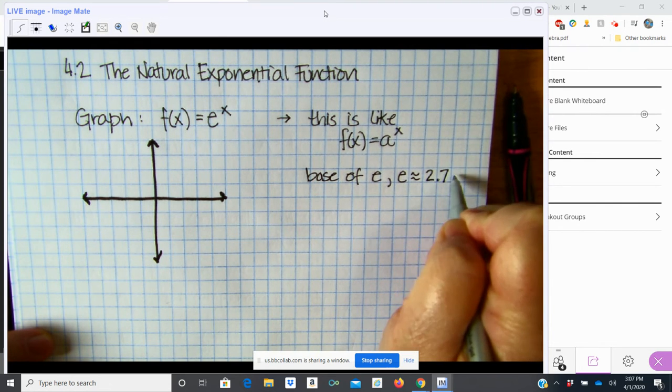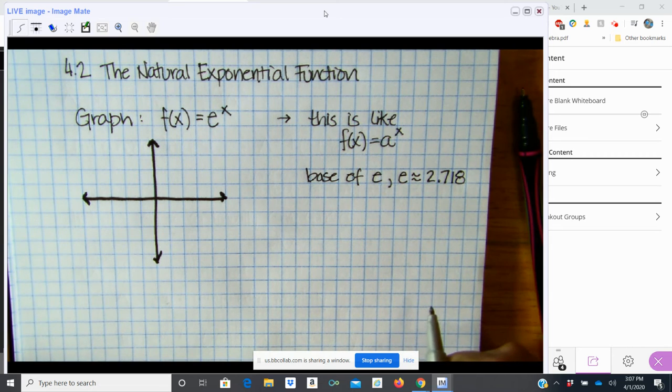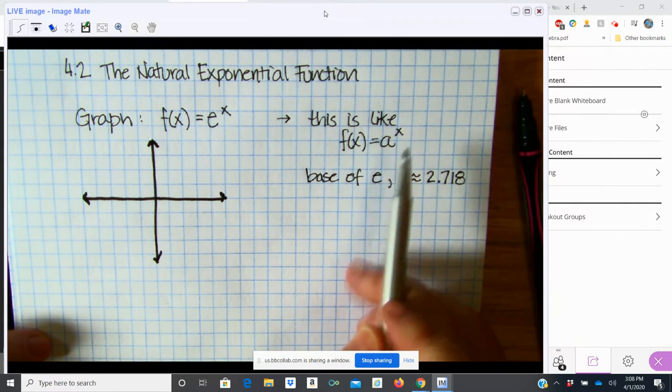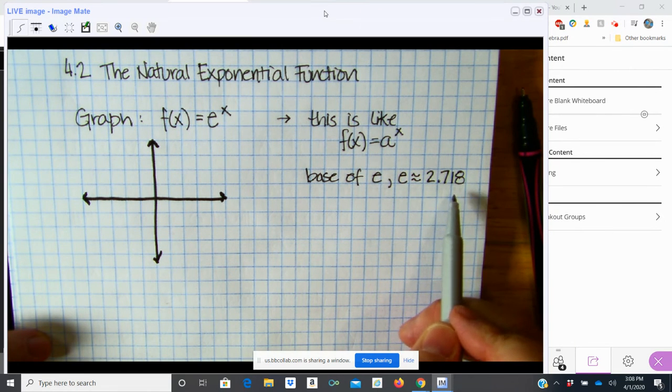About 2.718. Yep, y'all got there. So it's the same as this function, except our a is this value e, which is about 2.718.